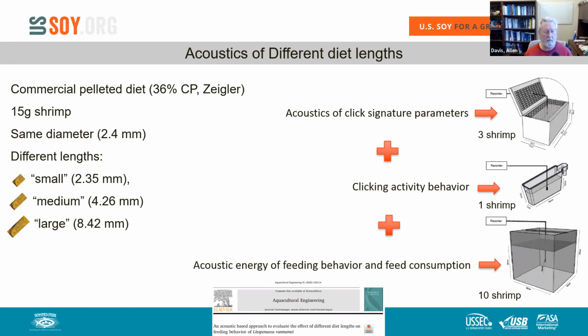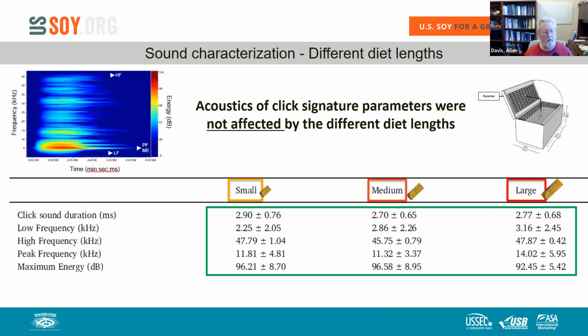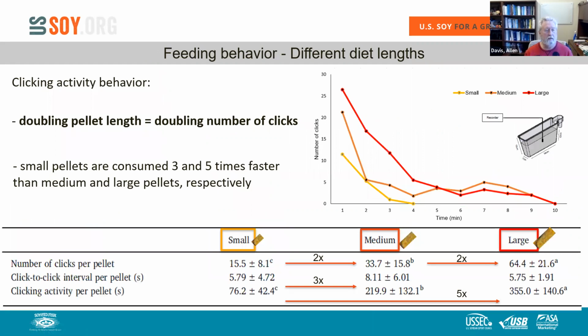Anyways, we looked at the same diameter pellets, but they were of different lengths. And what we found is that the frequency, the characteristics were identical. So length does not have an effect, and that's what you would think would happen on the characteristics of that signal. But we did find that feeding behavior was a little different.